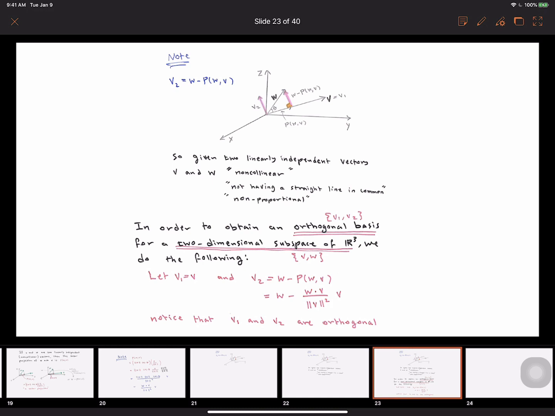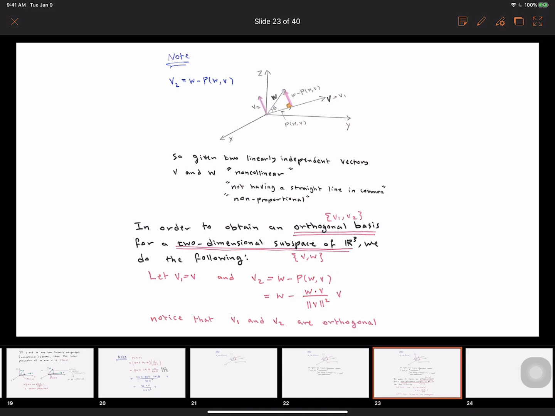We let v1 equal v. So we're given v and w, but we're renaming them as v1, v2. We keep the first one as is, and we work on the second one to project, move it up, slide it back to the origin to make another one perpendicular to the original vector, which we called v, and we call it v1.